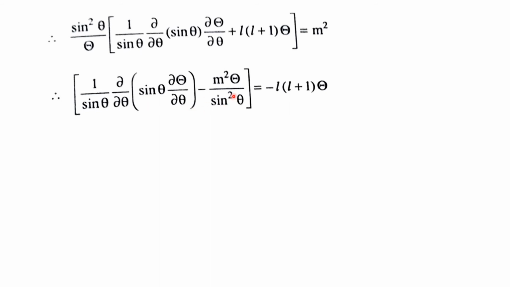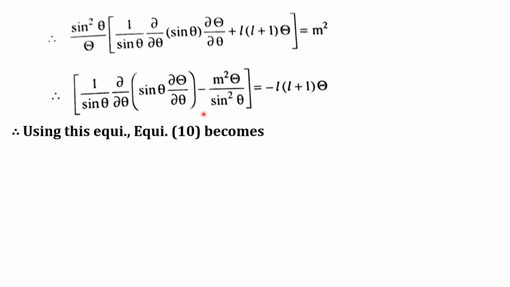Hence, we put the value in the earlier equation. The bracketed value must be equal to minus l into l plus 1 into theta. Therefore, using this equation, equation 10 becomes L squared Y theta phi equal to minus h cross squared into this bracketed term. But the bracketed term is equal to minus l into l plus 1 theta into phi.